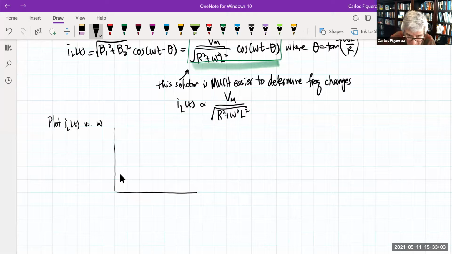As this plot looks like this, what you're seeing here is that this is going to be the amplitude, Vm over the square root of R squared plus omega squared L squared. And then this guy's going to be the frequency here. So remember, this guy is the amplitude.